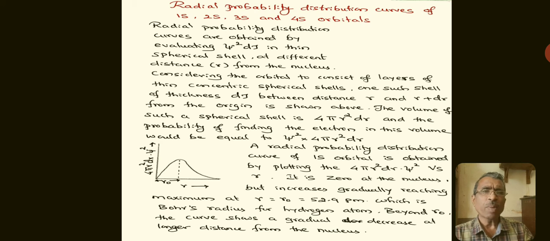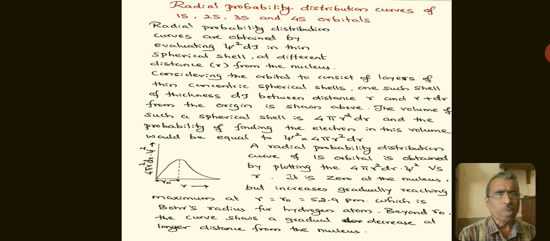A radial probability distribution curve of 1s is obtained by plotting the graph of 4 pi r square dr into chi square versus distance from the nucleus, that is r. It is 0 at the nucleus but increases gradually, reaching maximum at r equal to r naught.